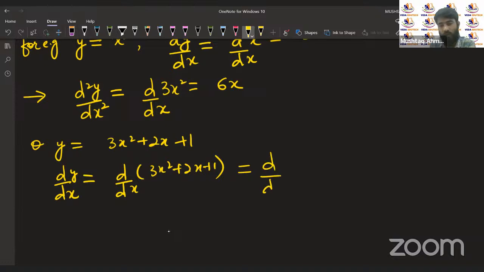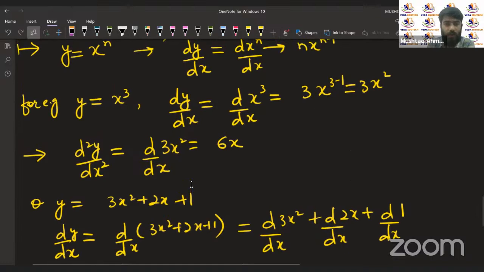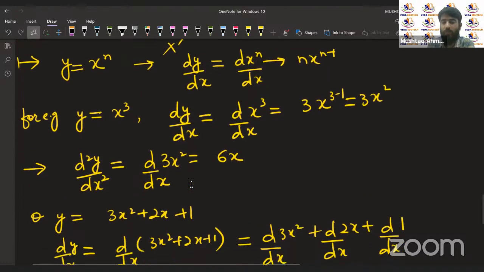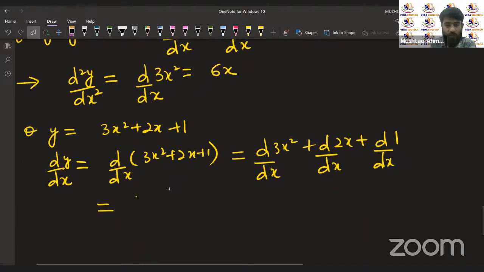So it will be d by dx of 3x squared, d by dx of 2x, and d by dx of 1. Once again we'll use the same property, that the derivative of x to the power n is equal to n x to the power n minus 1. So we'll get 6x.